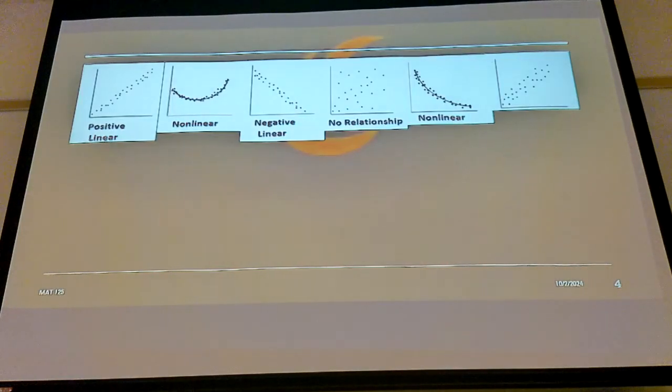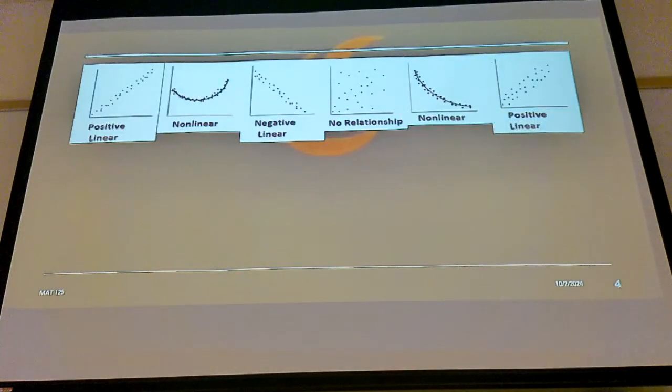Did you say there's a linear relationship? Positive or negative? Doesn't matter where the dot's located as long as it's going in the general direction. I see this is also positive, right?